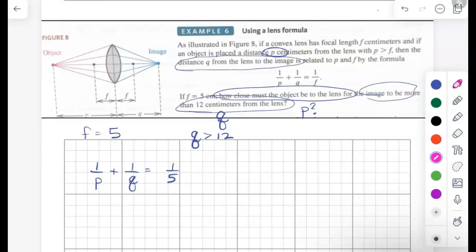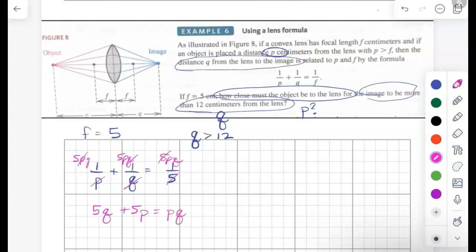I'm going to multiply everything by 5pq on everything. As long as you do it to all terms on both sides, that keeps your equation balanced. So that cancels the p, I get 5q. This cancels the q, so I get plus 5p. This cancels the 5, so we get pq.